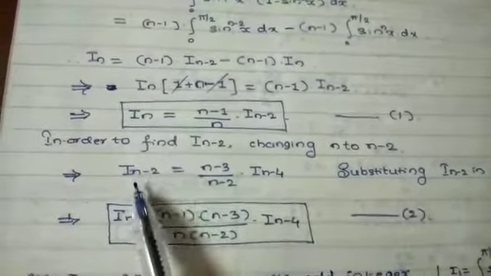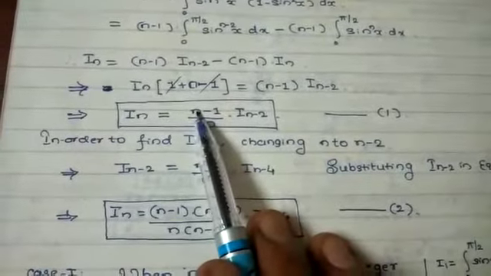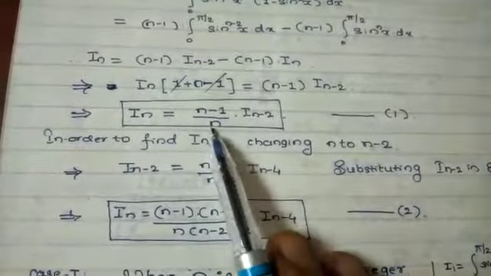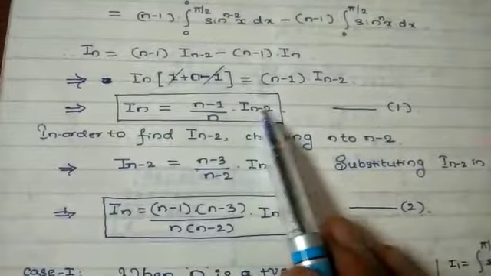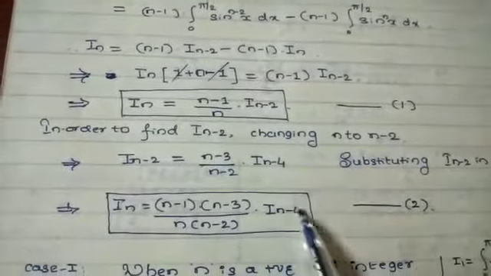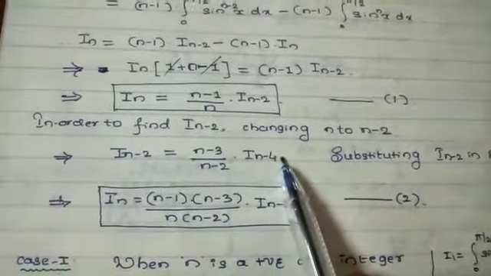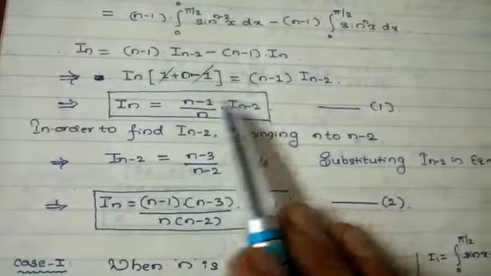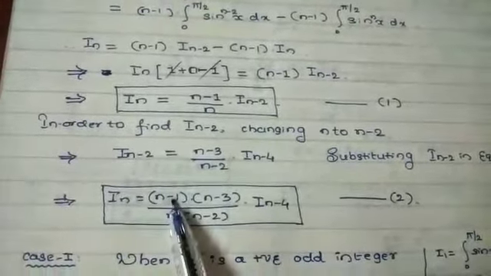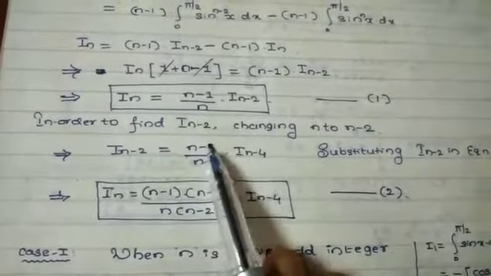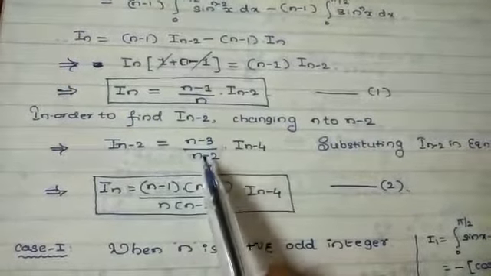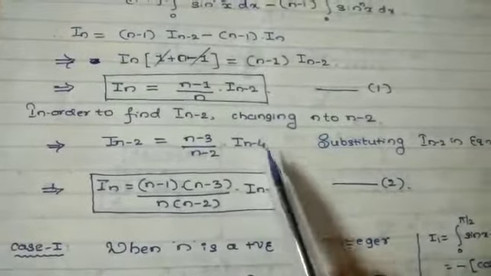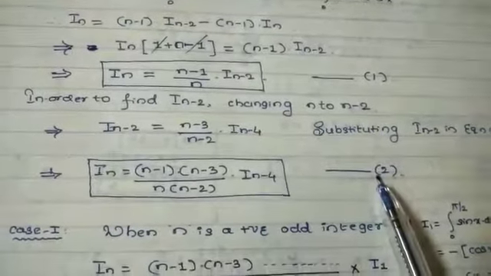It becomes I_n minus 2 equals n minus 3 divided by n minus 2, into I_n minus 4. Substituting this I_n minus 2 value, we get I_n equals n minus 1 into n minus 3, divided by n into n minus 2, into I_n minus 4. Call it equation number 2.